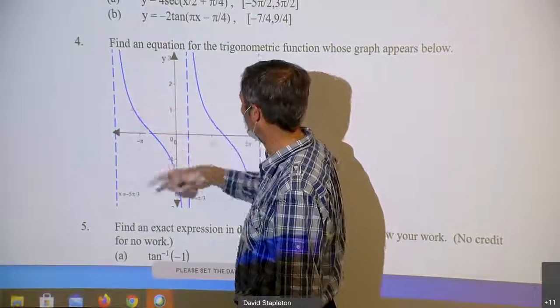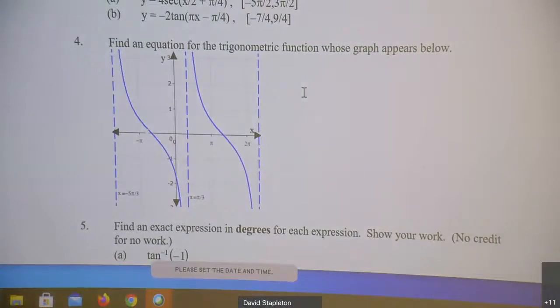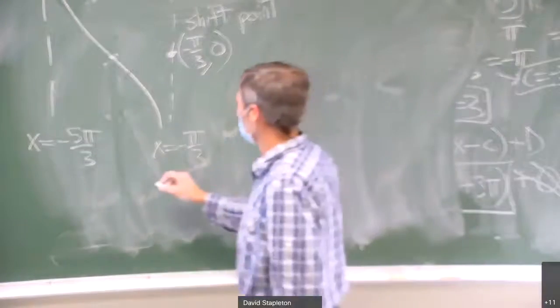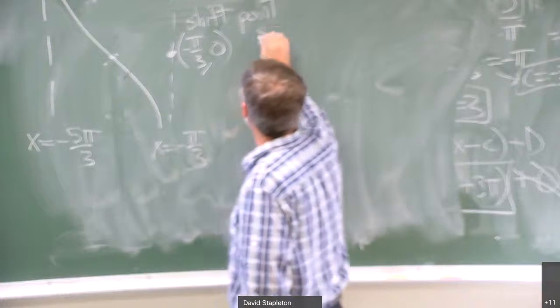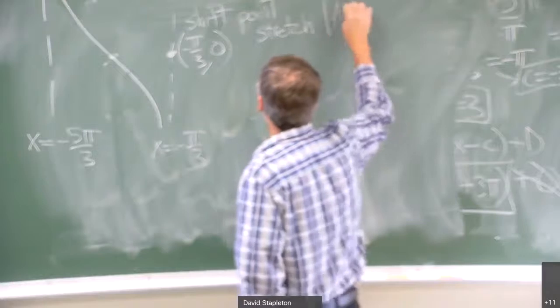So it looks like it's unstretched, right? The stretch factor is 1. Instead of saying amplitude, we'll say stretch factor. Absolute value of A is 1.